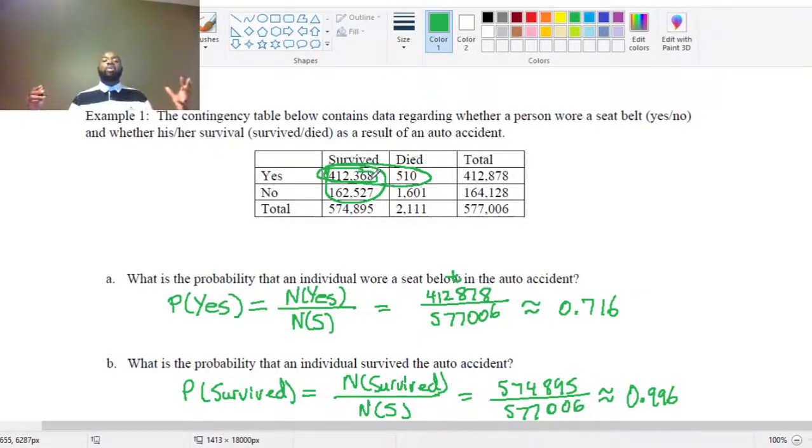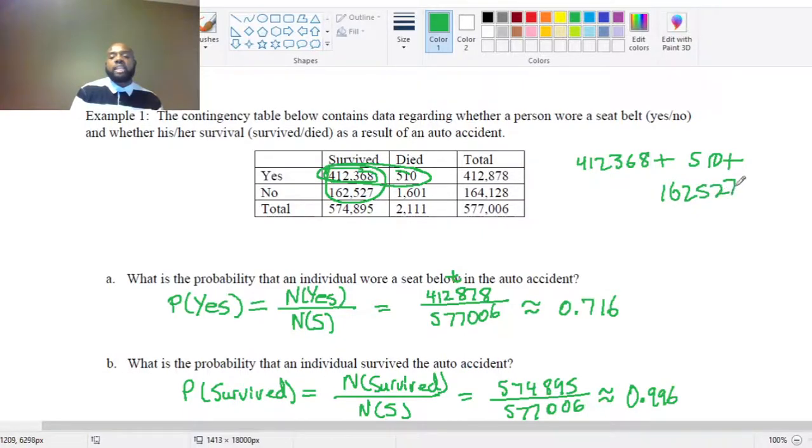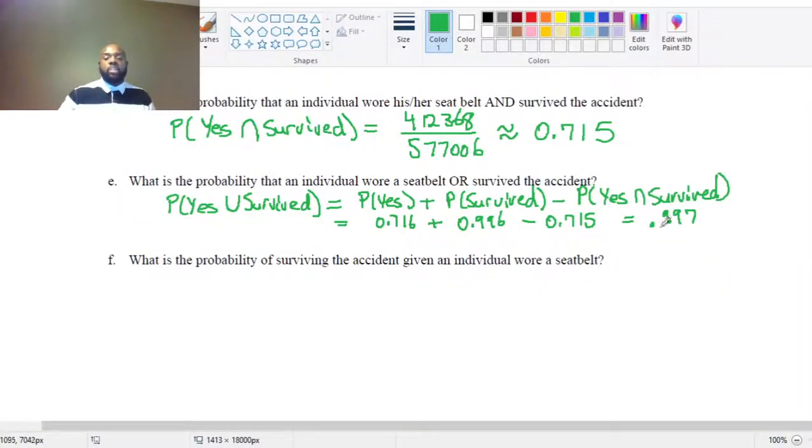Now, if I added those two numbers together and divided by my total, notice I would add that 412,368 twice, but I can only add that once because otherwise I'm going to get something over my total. And so that or could be that 412,368 plus 510 plus the 162,527. You add that up and divide by your total, and that's actually going to give you the same value, approximately 0.997.